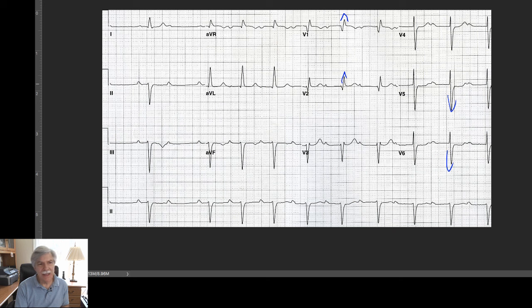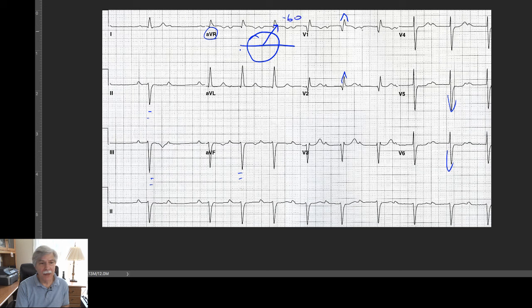The QRS isn't super duper wide, but it does measure out to be 120 milliseconds. And you have a markedly negative QRS complex in 2, 3, and AVF, and it's isoelectric in AVR. In fact, it's a little positive in AVR. So that gives you a QRS axis somewhere above minus 60.